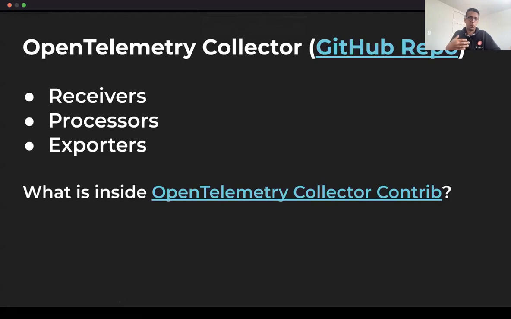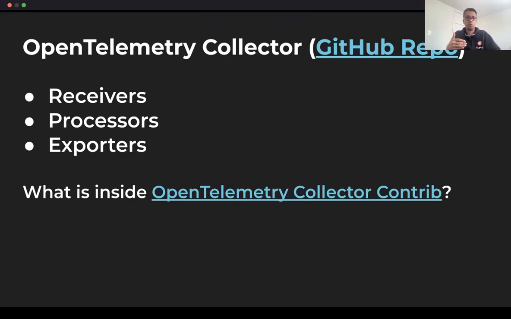For example, you can process the metrics you receive from your applications and add more data to them. Like, for example, you can enrich with node metrics, or you can remove sensitive data. You can create a processor to remove any sensitive data from the data you received. And then it has exporters.